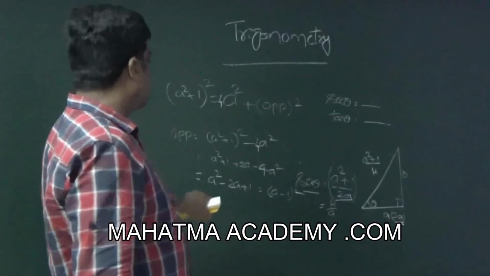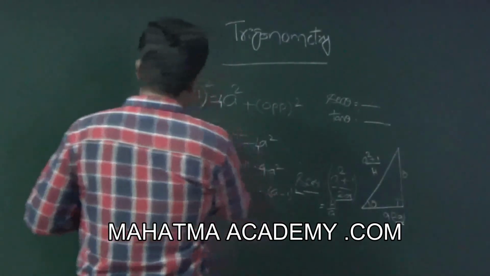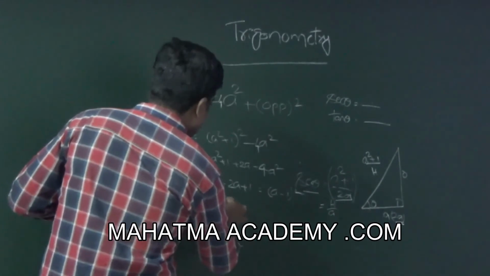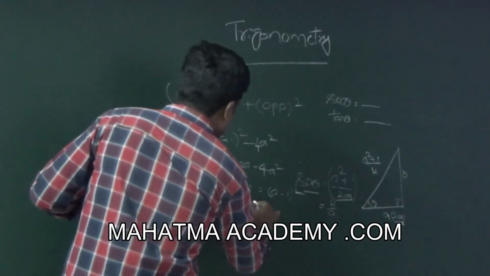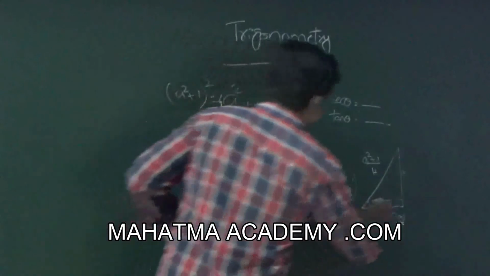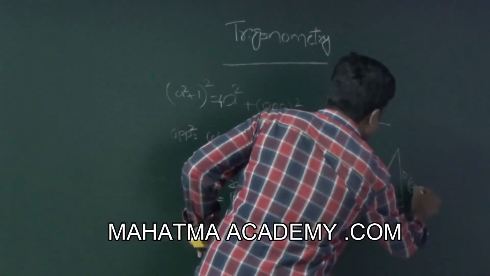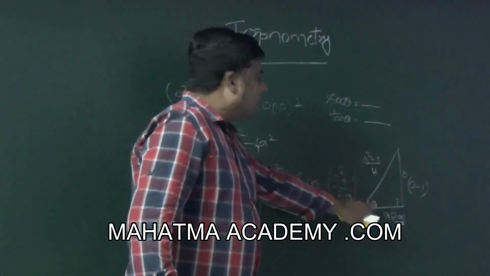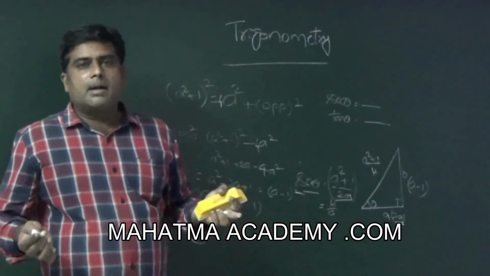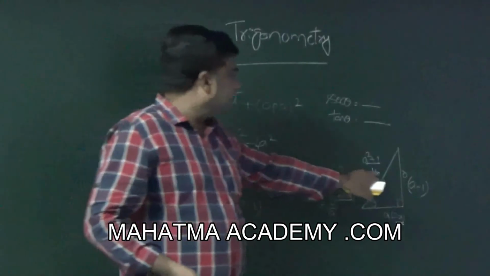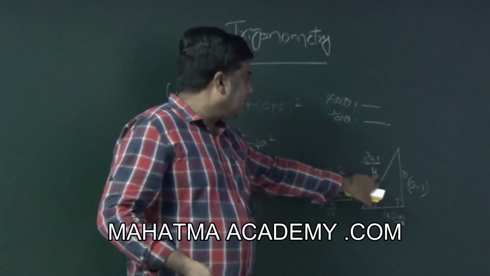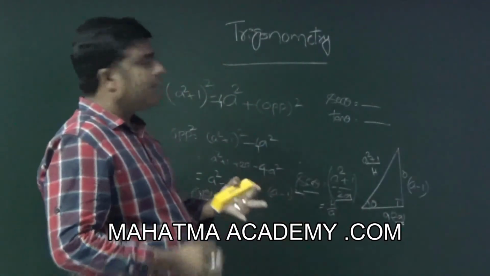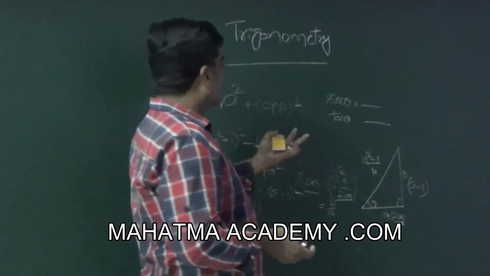Therefore, opposite side equals a minus 1. From that we can calculate any trigonometric ratio, because we know all three sides: hypotenuse, adjacent, opposite. So we can find sine, cos, tan, even cosecant, cot.